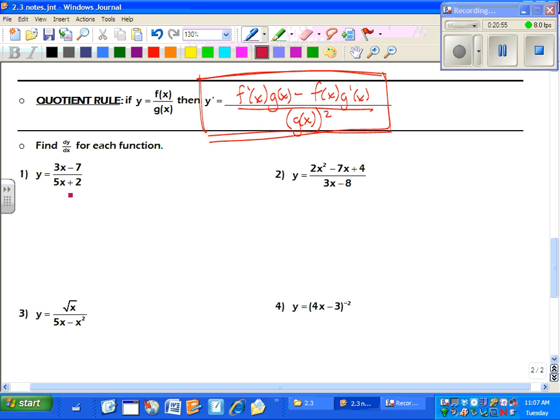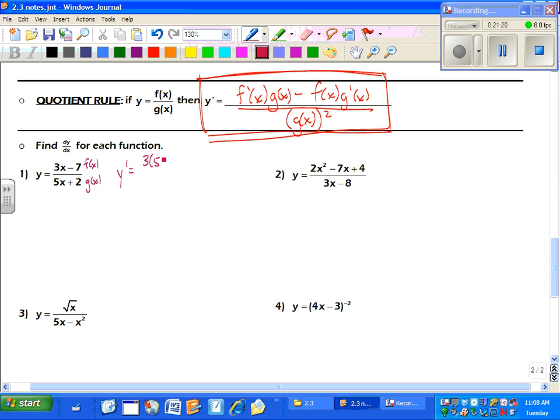All right, for number 1, top is our f of x, bottom is our g of x. So the derivative of y, derivative of the numerator, so derivative of 3x minus 7, just 3. It's linear, right? It's just the slope.